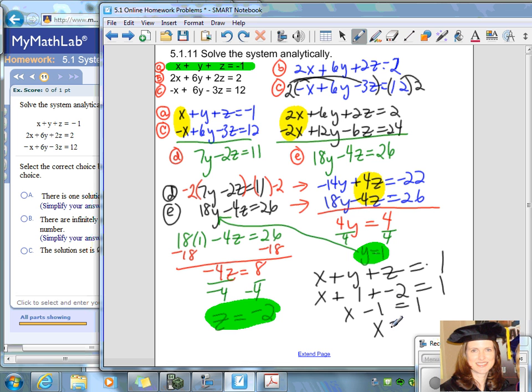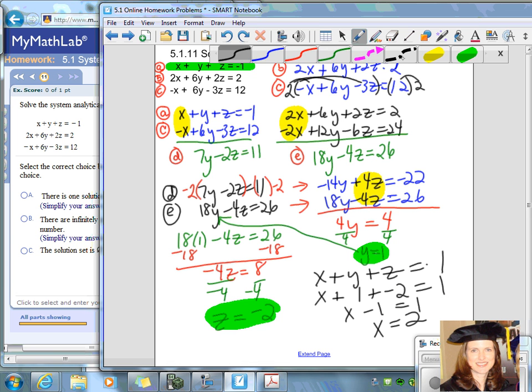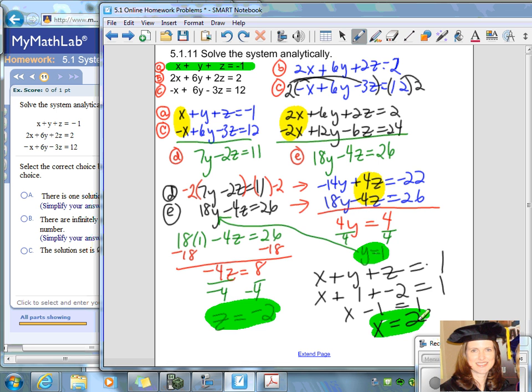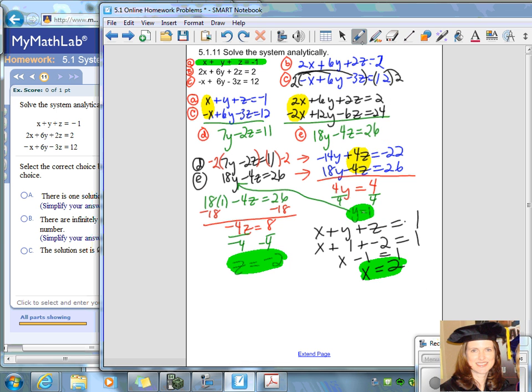So that means x is equal to 2. I have all three parts for my solution: x is 2, y is 1, and z is negative 2. I'm sorry, I did that wrong.